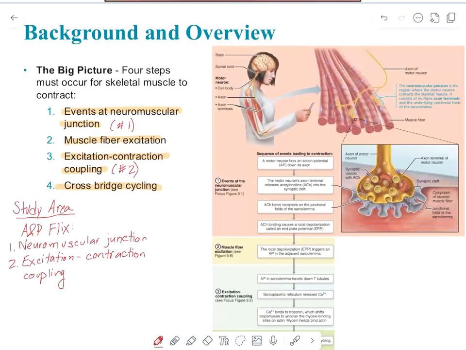Finally, the third video that you'll need to watch is called the cross bridge cycle. So I'll be going over all of these in detail as well, but it doesn't hurt, especially for visual learners, which are the majority of learners in A&P, to see these really well done videos also.